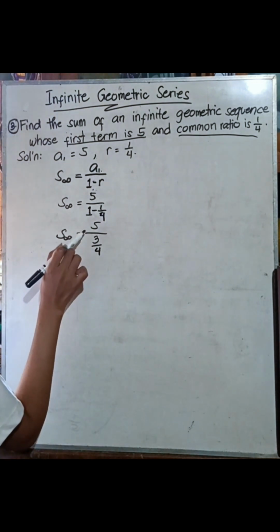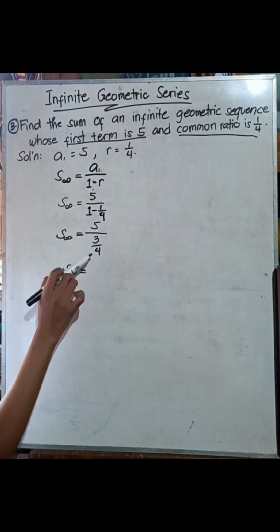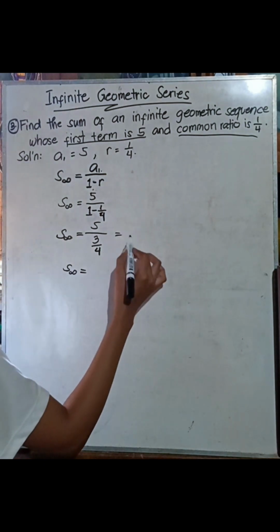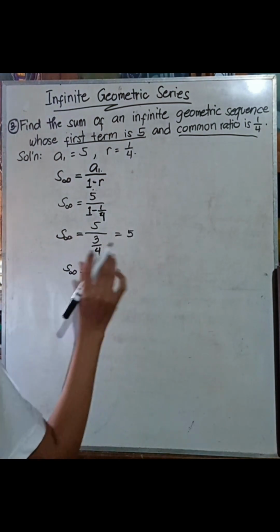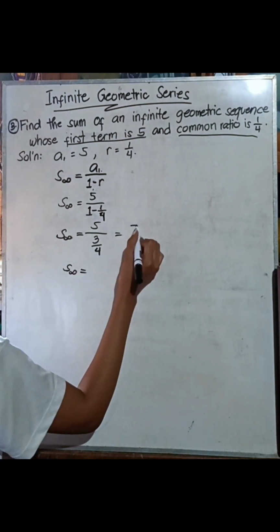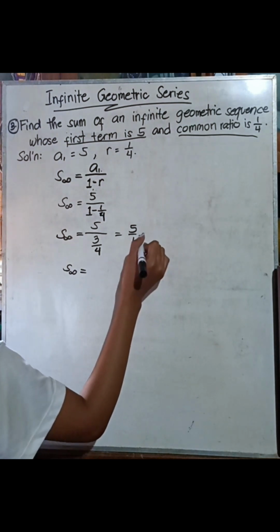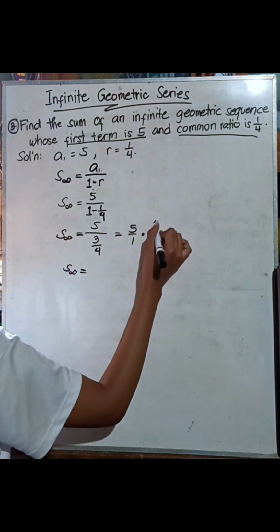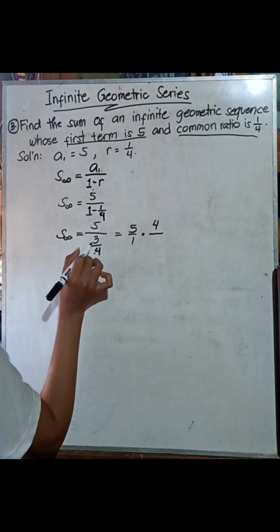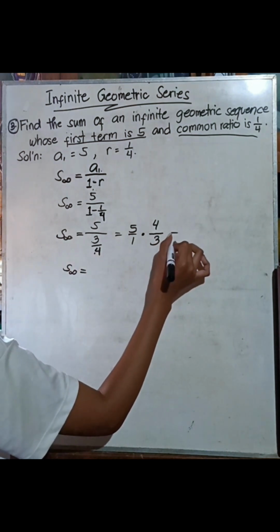Next, S sub infinity is equals to 5 over 3/4. As I discussed earlier, when the denominator is a fraction, we change the division into multiplication. So, we have 5 over 1 times 4 over 3. The denominator becomes the numerator, so 4, and the numerator becomes the denominator, 3.